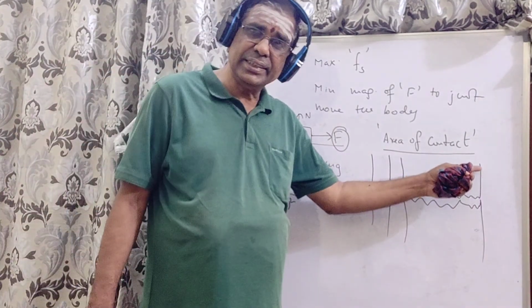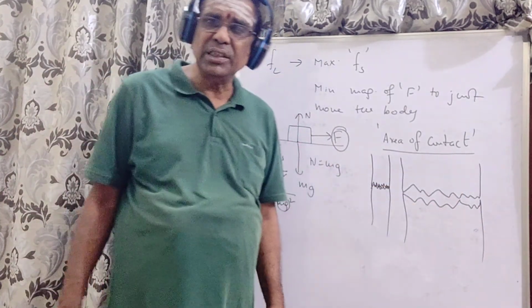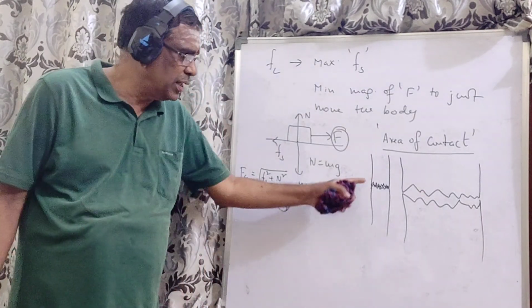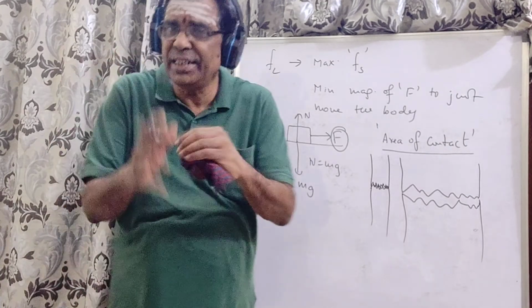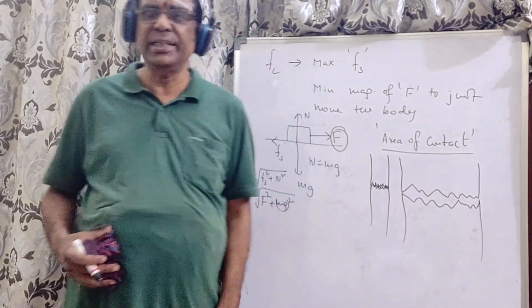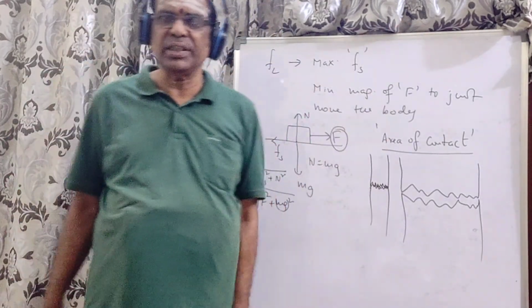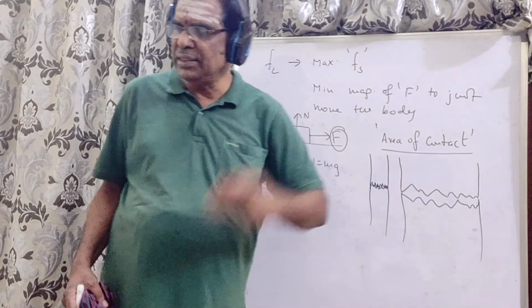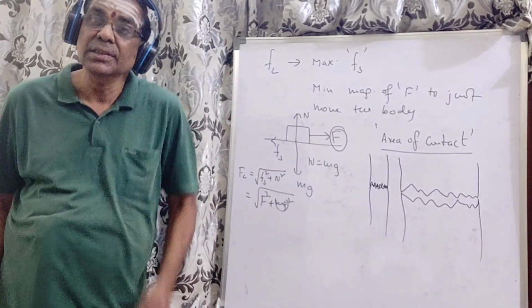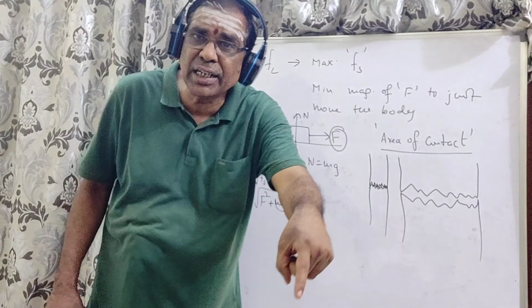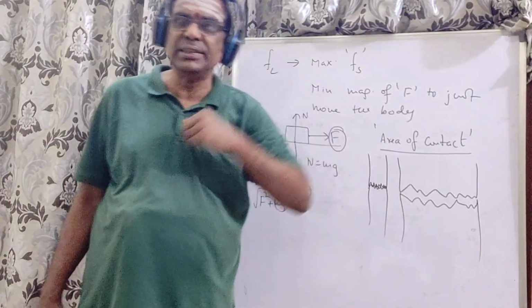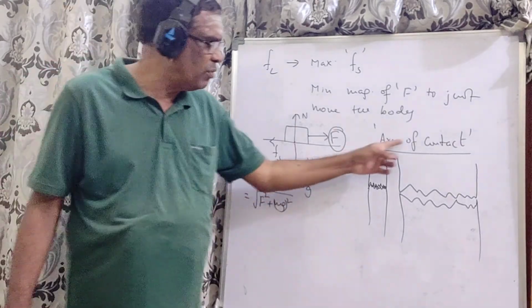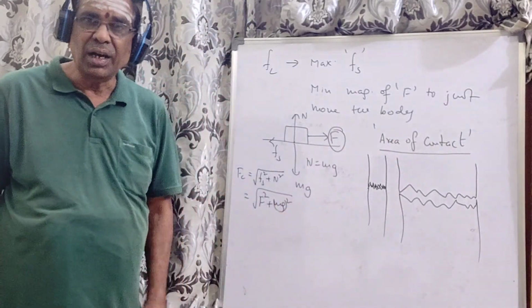To move this, you don't expect much friction to develop there. But here maximum friction develops. So for definiteness, you can never say more area, more is the friction. Less area, less is the friction is not correct. Yes, more number of contact points, more is the friction. Less number of contact points, less is the friction, but you can never convert that with area.